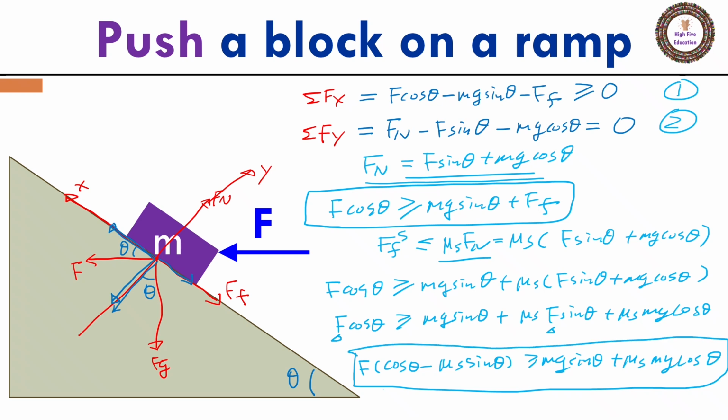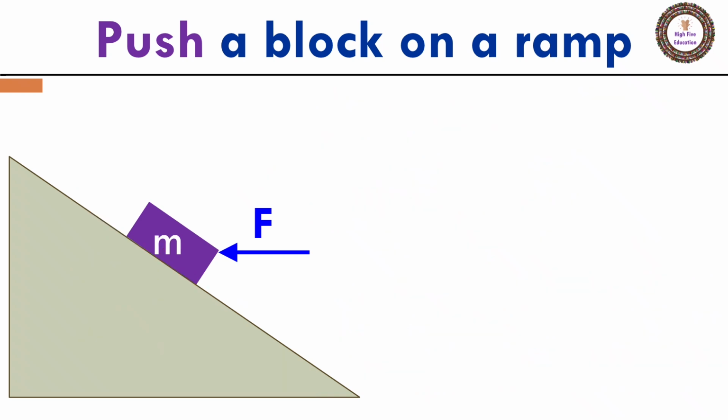This slide becomes a little bit busy. Let me go to the next page. So the key information we know from the last page is F times (cosine theta minus mu s times sine theta) is larger or equal to mg sine theta plus mu s mg cosine theta.